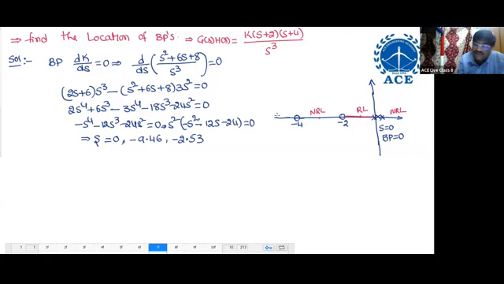Here, count it: 1, 2, 3, 4, 5. 5 means root locus exists. Here root locus exists. Yes or no?